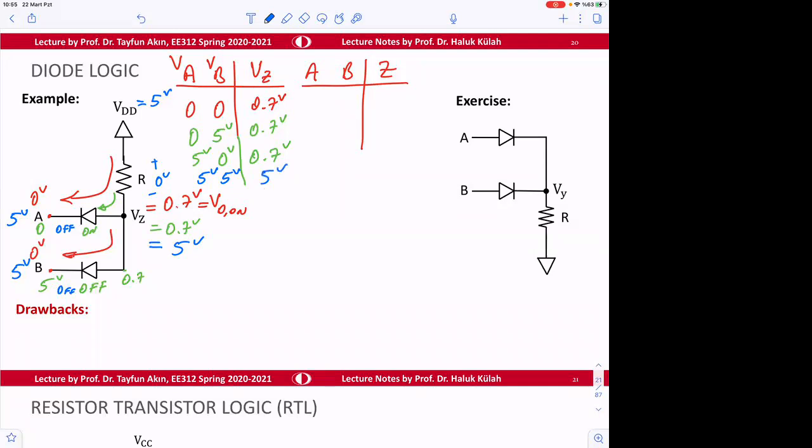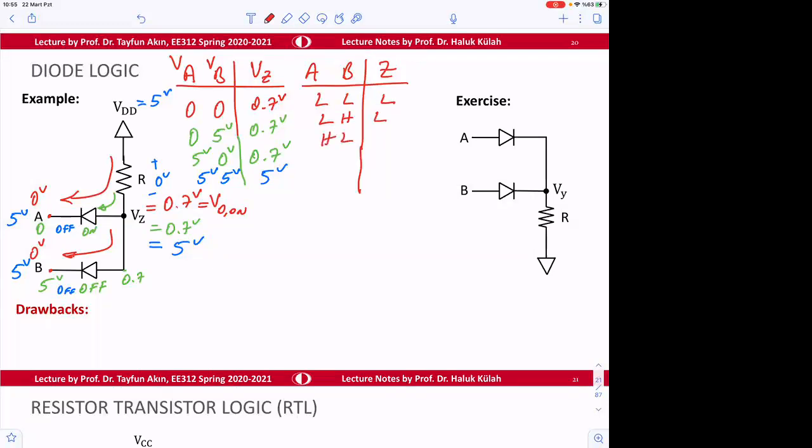So we can convert that into logic. If we convert everything to logic, we can write this here. So this is low and low, output is low. We can call it low, and low, high, output is low.